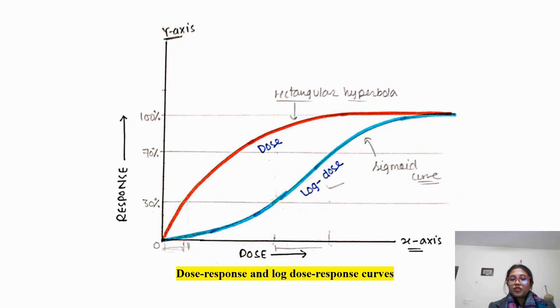One is the simple curve, where when the dose increases, the responses also increase, and it forms a rectangular hyperbola, whereas in the log dose representation it forms a sigmoid curve, where in the initial stage, at lower doses, it shows a lag phase followed by the log phase and finally the stationary phase.